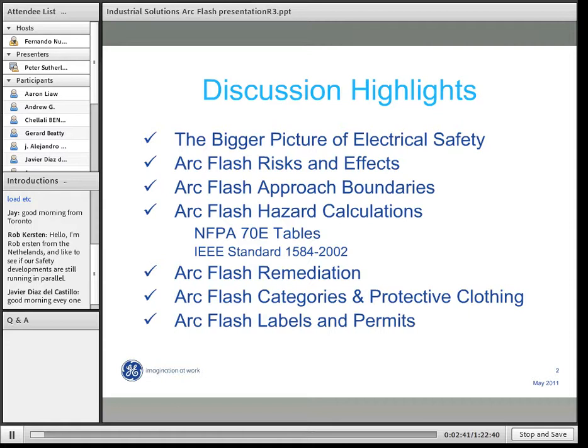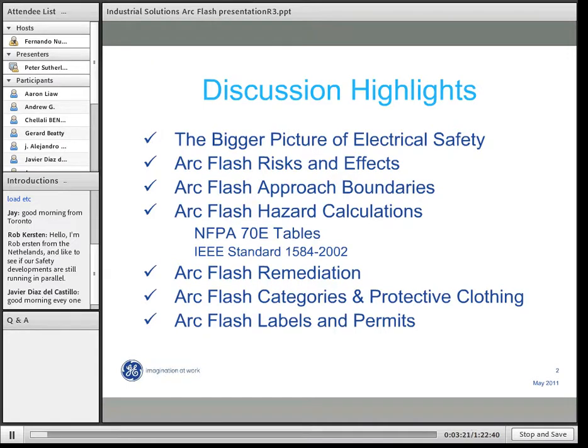And second of all, there is the IEEE standard 1584, which gives calculation procedures for arc flash hazards that were derived from a series of tests. So these are empirical equations based upon experiment, and in fact that standard is undergoing revision as another series of tests is taking place as we speak.